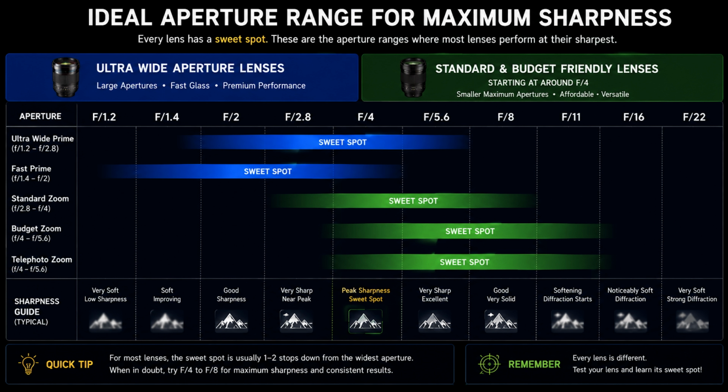For example, a lens with an aperture of f1.8 may become noticeably sharper around f4 or f5.6. The correct aperture depends on what you are photographing. A portrait may benefit from a wide aperture and beautiful background blur. A landscape may require a smaller aperture to keep more of the scene in focus.